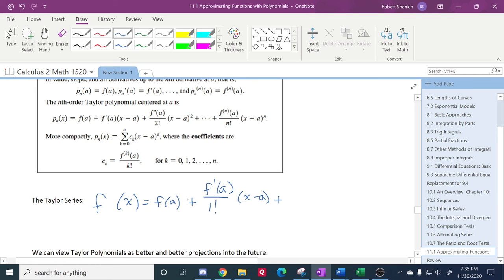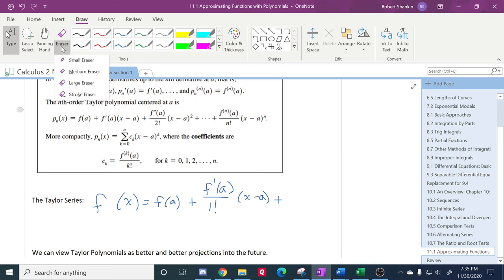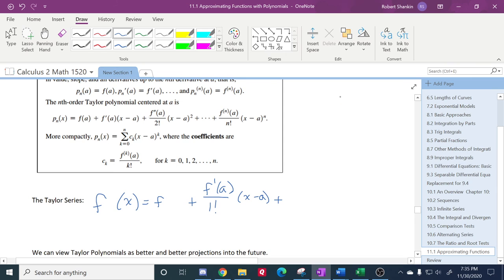So this is a power series. Let me get my eraser. Oh no, this one was right: f at a plus f prime at a times x minus a plus f double prime at a over 2 factorial times x minus a squared, plus, and we keep this pattern going forever.